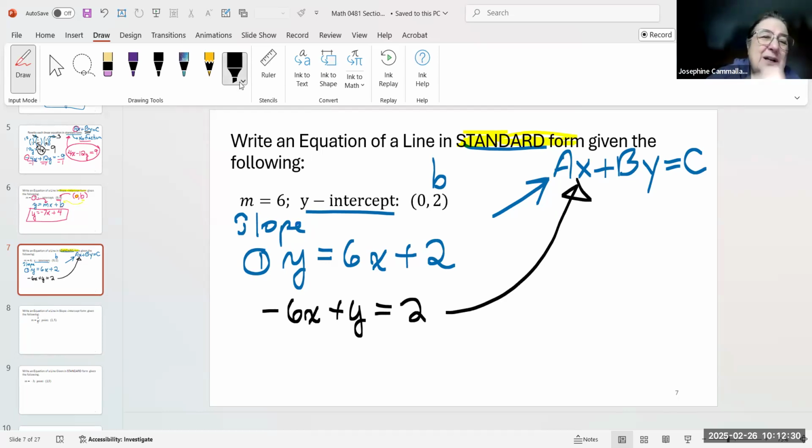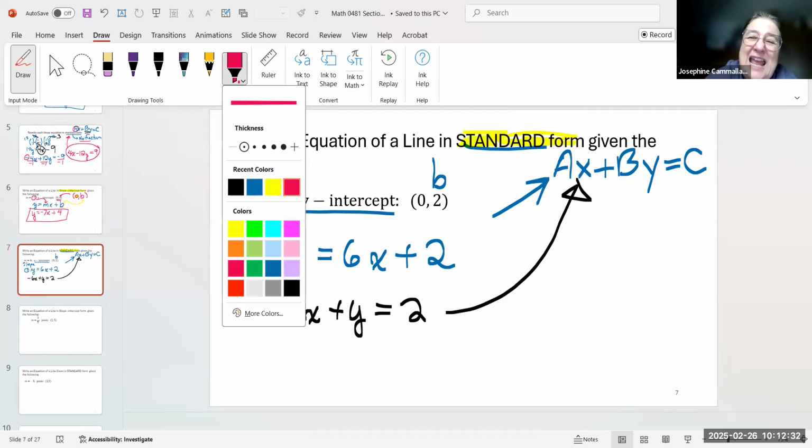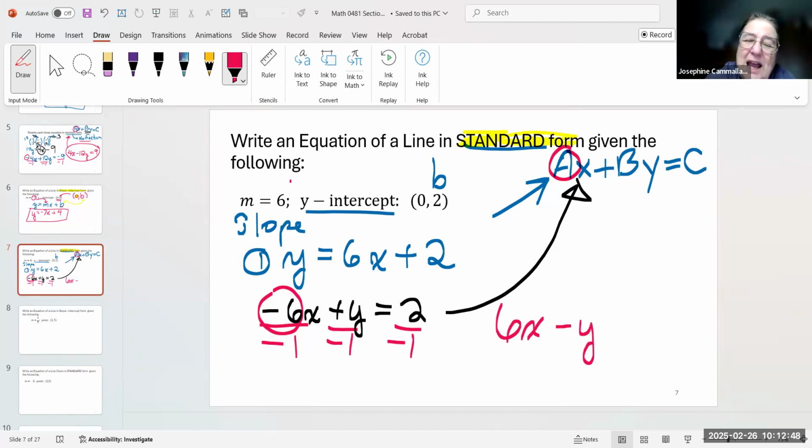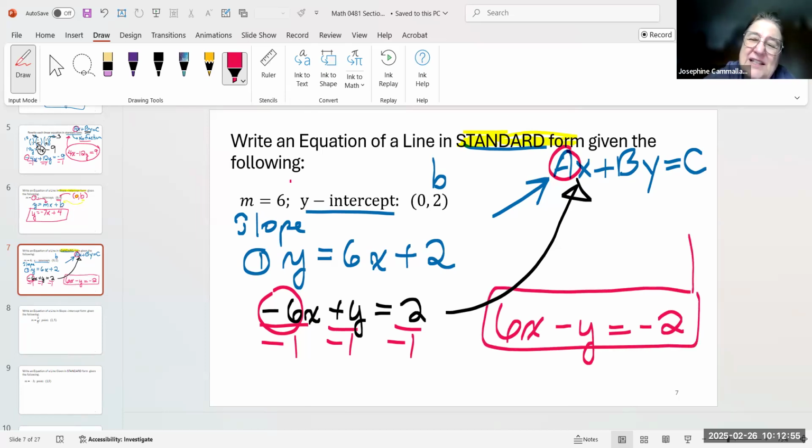Well, remember, a can't be negative, which means I'm dividing everything by -1, which will give me 6x minus y is equal to -2. This is my standard form.